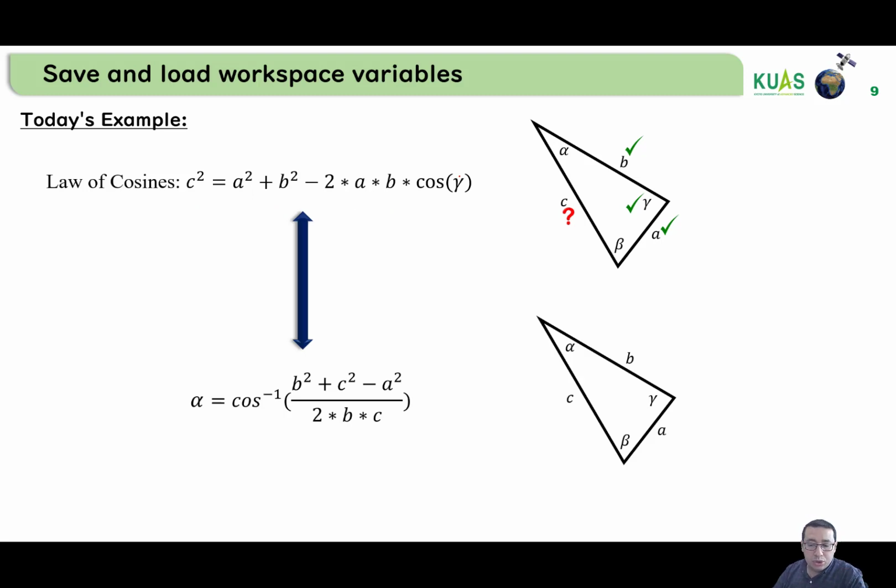And of course, if we know the three sides, meaning A, B, and C, and we need, for example, to estimate alpha, then alpha equals cosine inverse of B squared plus C squared minus A squared, divided by 2BC.